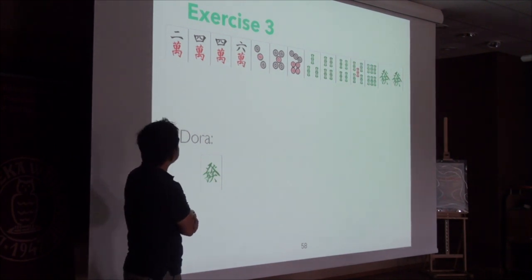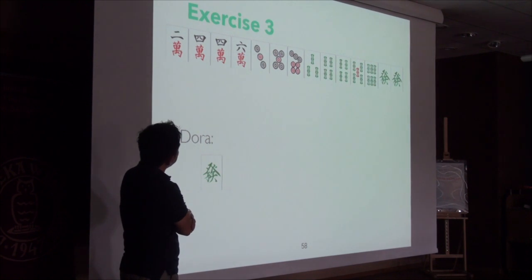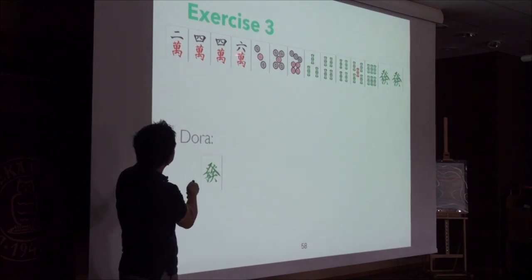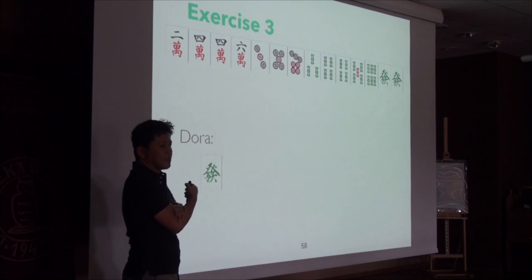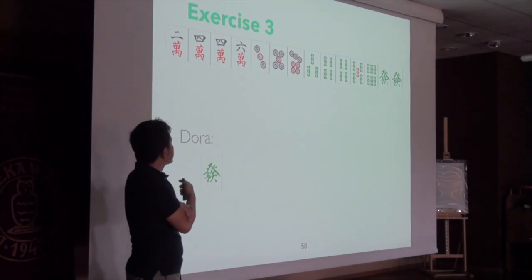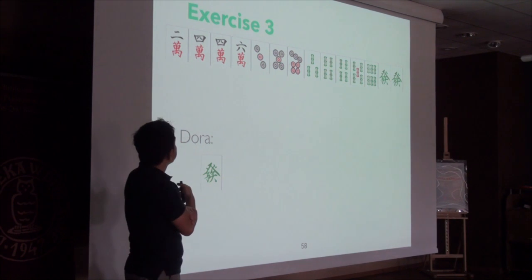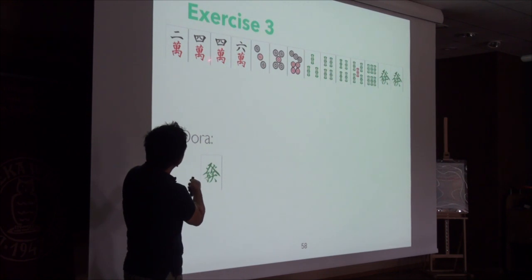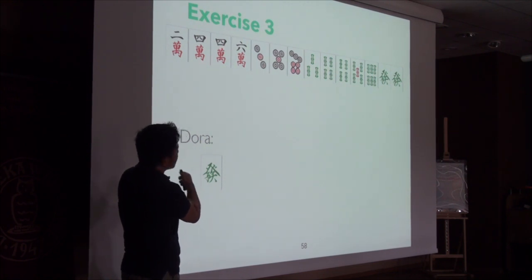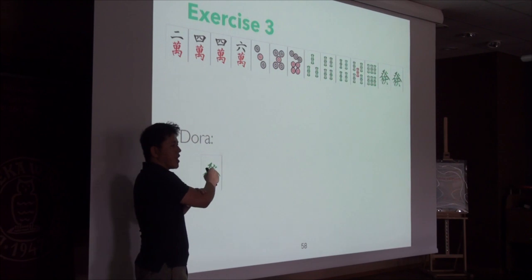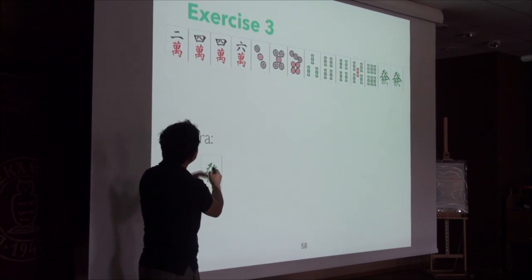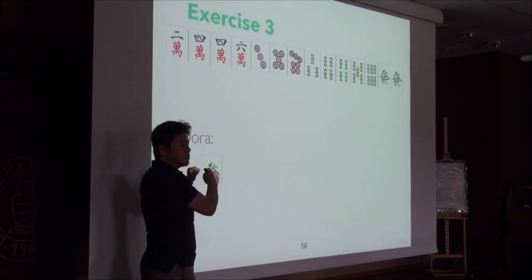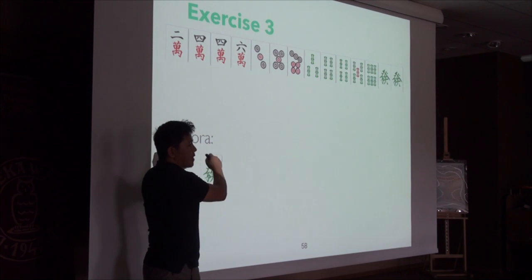2 man. Okay. So the real choice is 2 man, 6 man, or 4 man, right? Why 2 man? Because we can keep 2 fours for head if we want to found the dragon. Yeah, exactly right. So discarding 4 man will create 2, 4, 6 shape that allow you to accept 2 kinds of tiles, 3 and 5.